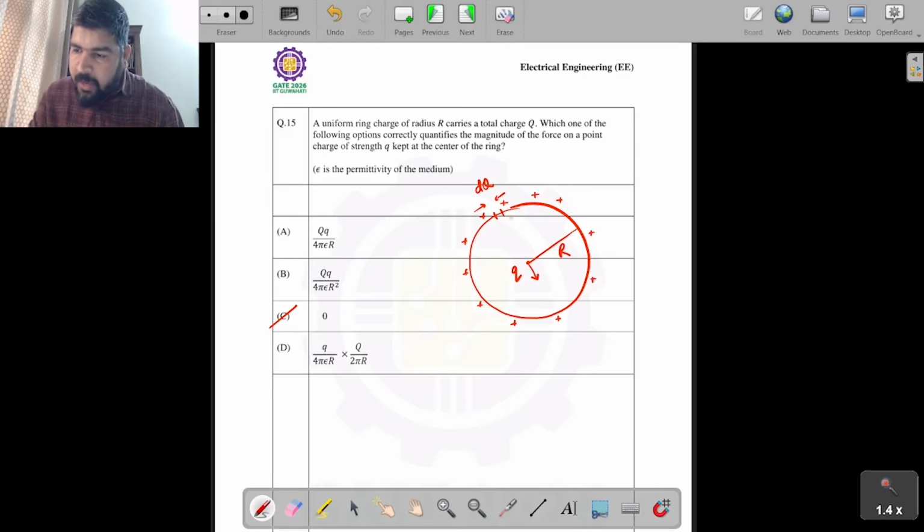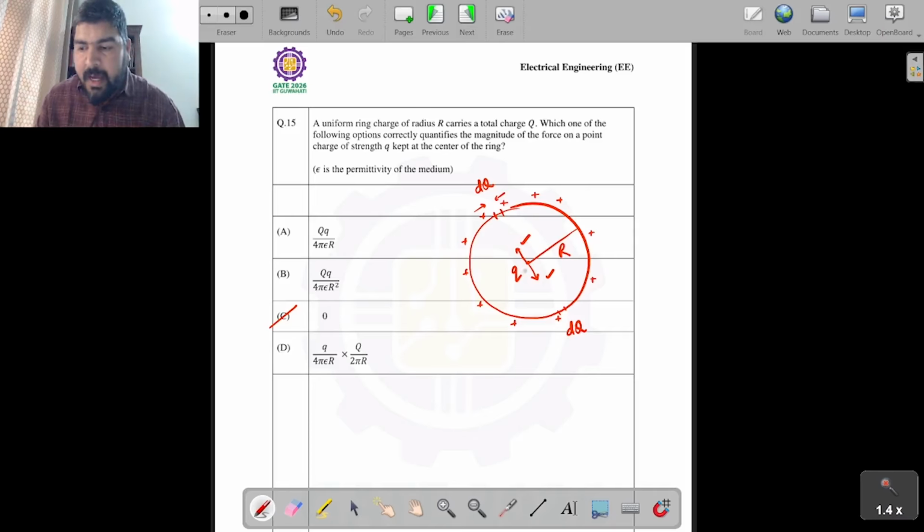Now if we take one more small length dl which is diametrically opposite to this, again on this small length we have small charge dq, and because of this small charge the force on this test charge will be in this direction. Now you can see that these two forces are equal in magnitude and opposite in direction, so they will cancel each other.